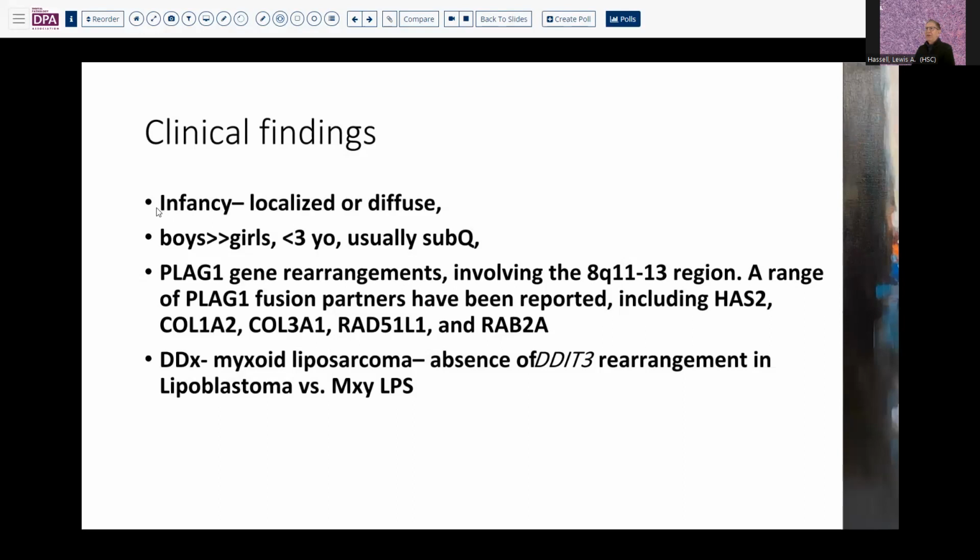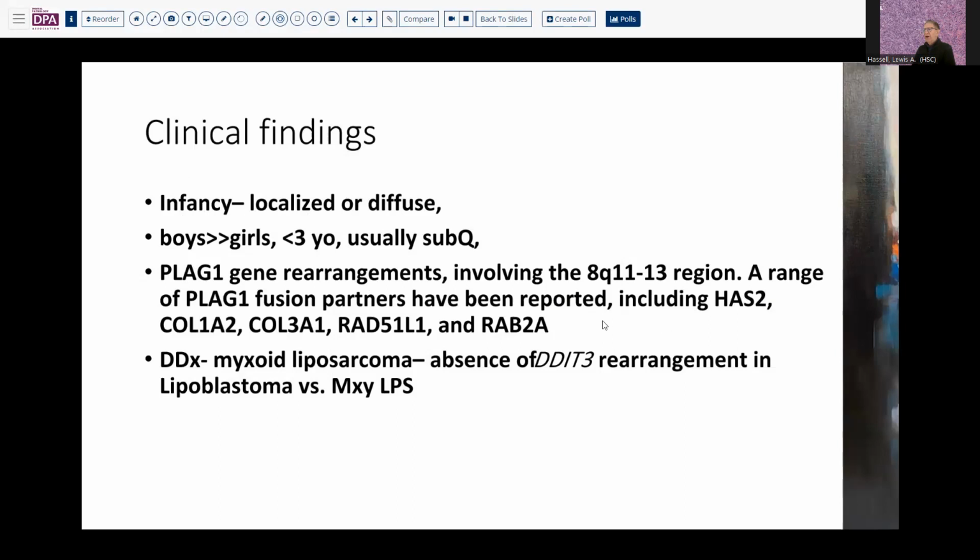And again, this is a lesion you won't see if you're not practicing in a pediatric setting. This is generally a very infantile presenting tumor that can be localized or occasionally a little bit more diffuse. Typically, it's boys, and it's characterized by PLAG1 gene rearrangements that have a variety of fusion partners, and I've listed those here.